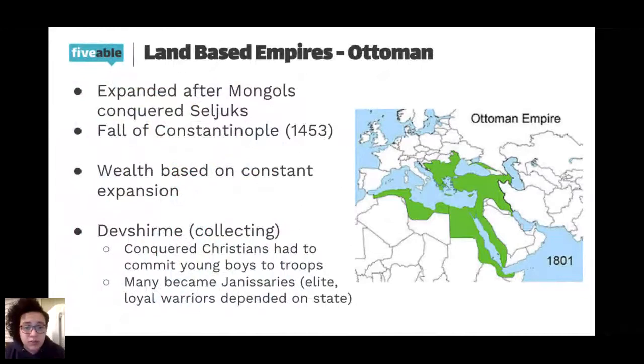Constantinople falls in 1453. I've said this before, you don't need to know dates. You can get a 5 on AP World without remembering any date. But there are some dates that are worth knowing. 1453 is one. It's pretty much like, why does this time period start in 1450?